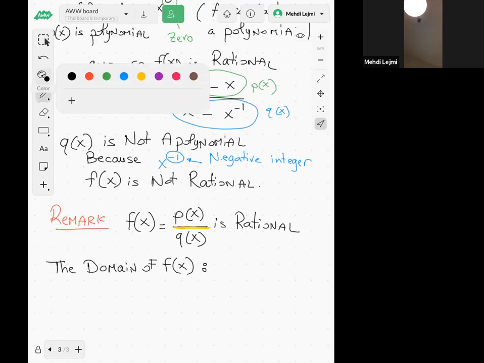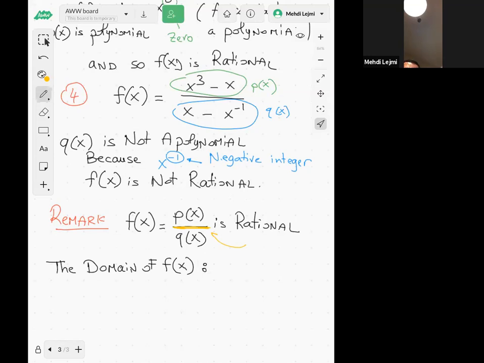Because we do have a division, we don't have a square root, because remember, in polynomials we cannot have a square root. I said that because the power would be a fraction, not a positive integer. So we don't have a square root in a rational function, but we do have a division. And if you have a division, the domain would be any real number x except where the denominator is 0.